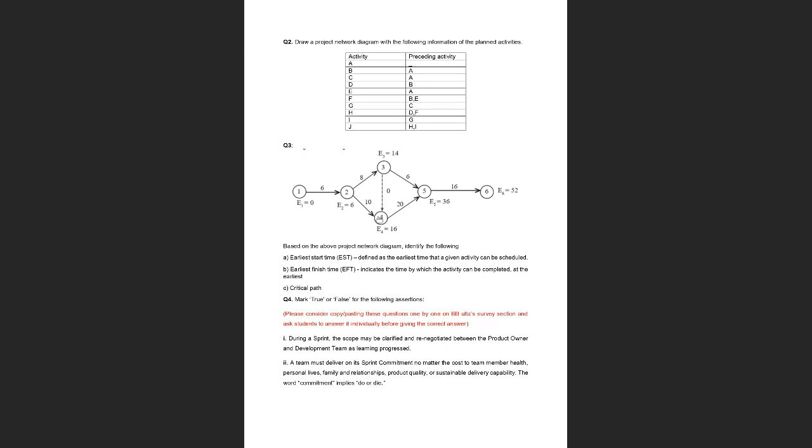The higher number. Because even if we finish the activity here, we have to wait for this activity to be finished in order to start the next activity. So the earliest start for 4, 5 will be 16.